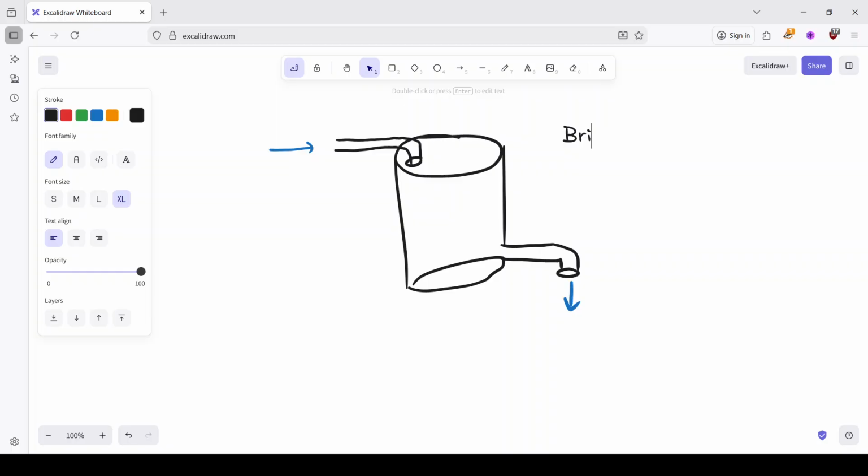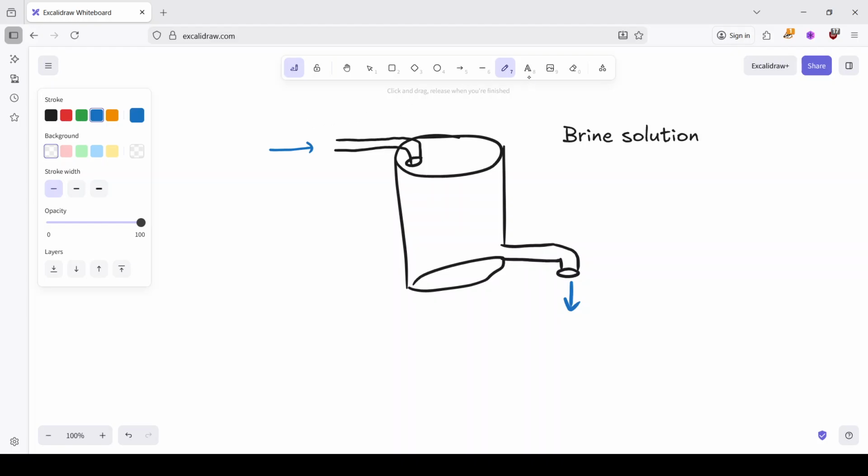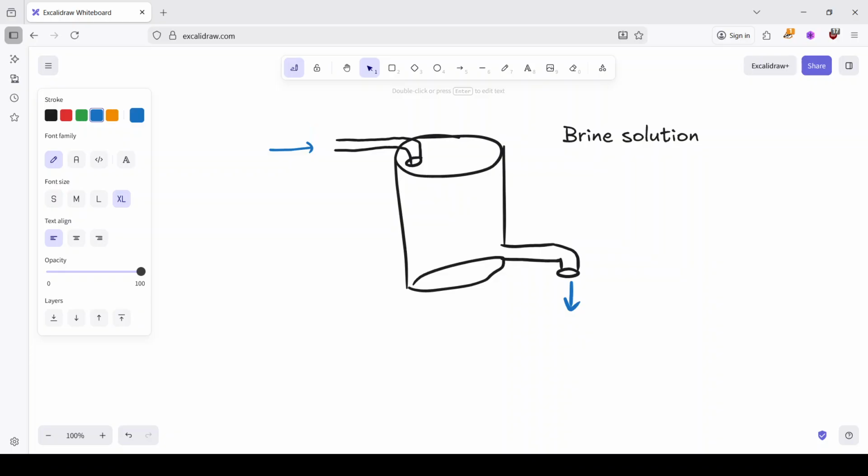Brine solution is a saltwater solution, so salt plus water. What happens here is, going into the tank, we will have a solution.